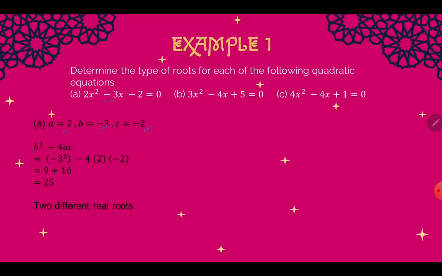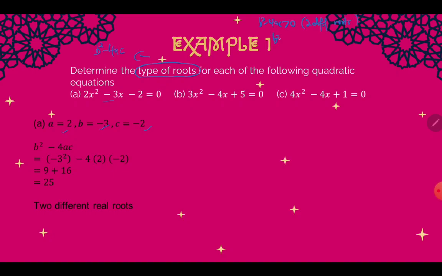When we talk about the type of roots, you need to relate it with the discriminant, b squared minus 4ac. By hook or by crook, we need to relate it with the discriminant. We have 3 types. If b squared minus 4ac is greater than 0, we have 2 different roots.